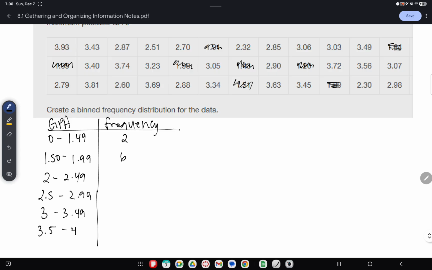See, 2 to 2.49. 1, 2. 1, 2, 3, 4, 5, 6, 7, 8, 9. 3 to 3.49. 1, 2, 3, 4, 5, 6, 7, 8, 9.